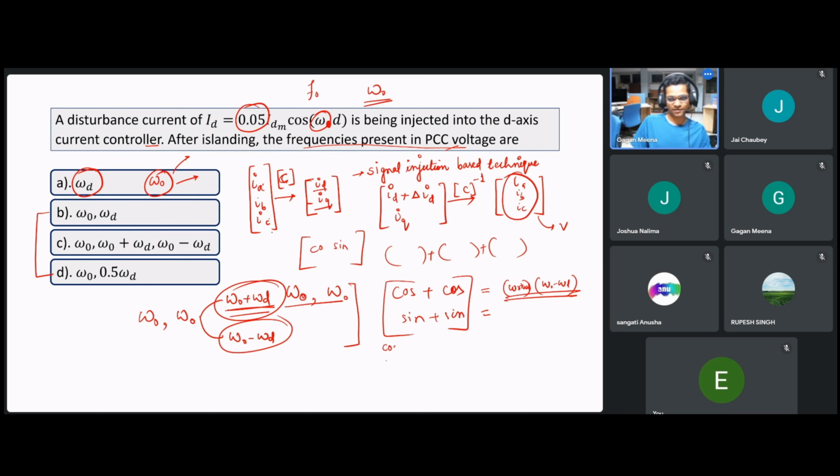It is something like cos theta. Theta comes from the phase locked loop. These things will come later also, so that is why I am not going into detail.